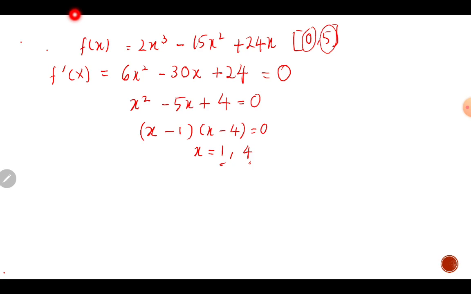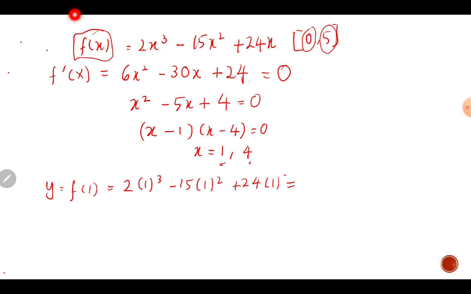So we substitute y equals f of 1 into the value. Substitute into f of x, not f prime x. If you substitute into f prime x, of course you get zero. So here 2 times 1 cubed minus 15 times 1 squared plus 24 times 1. Substituting, what value do we get? 2 minus 15 is negative 13. Negative 13, plus 24, you get 11.